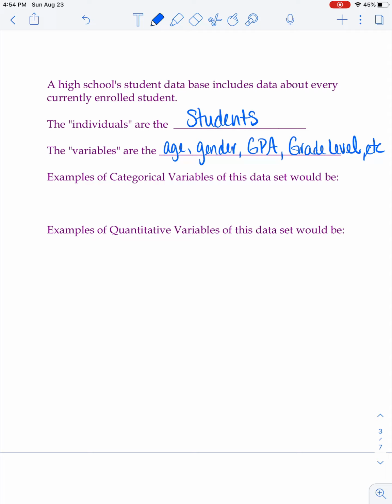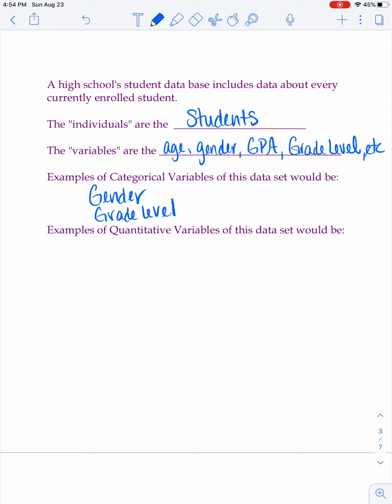So examples of categorical variables would be gender, grade level. Even though your grade level is a number, 9, 10, 11, 12, it would not make sense for me to say, well, if I find the average grade level and get a 9.2 or a 10.7, like that doesn't make sense. So grade level here is a category.